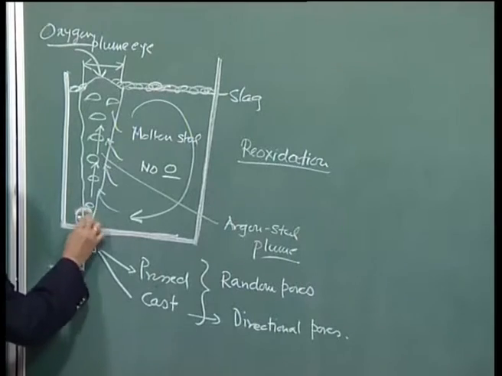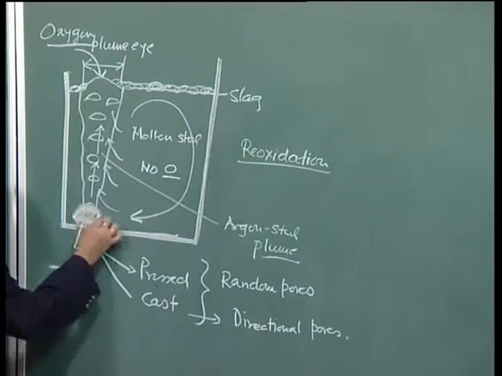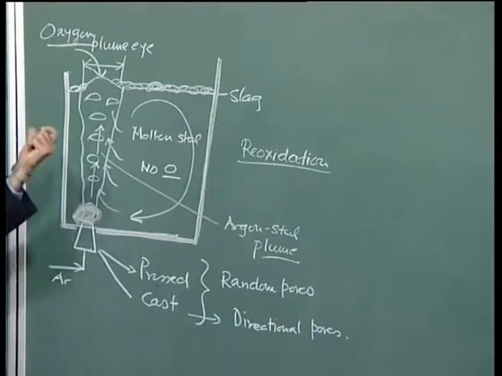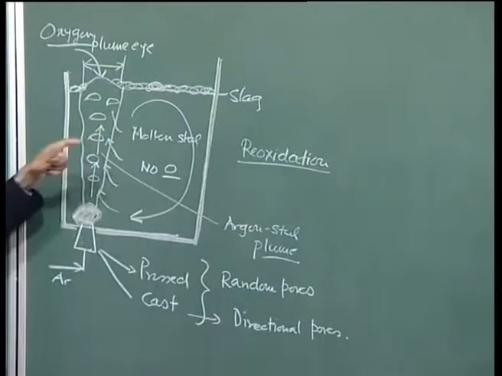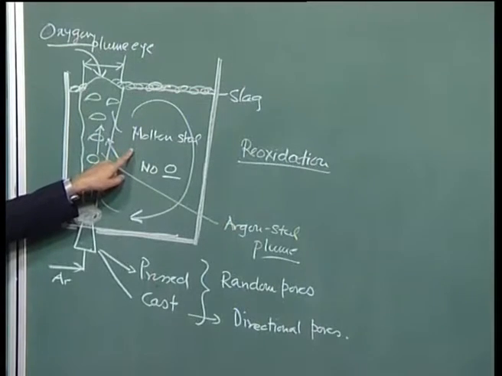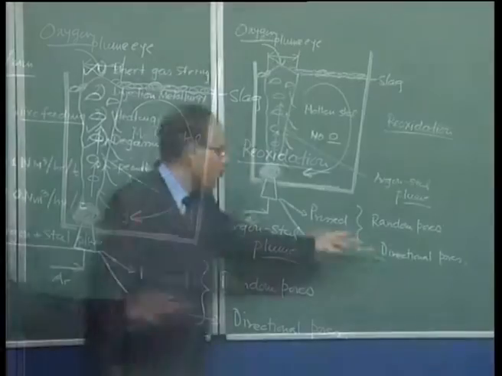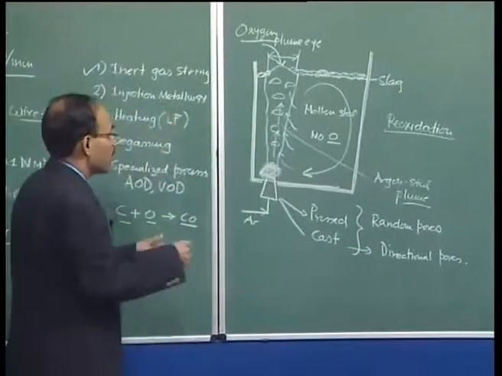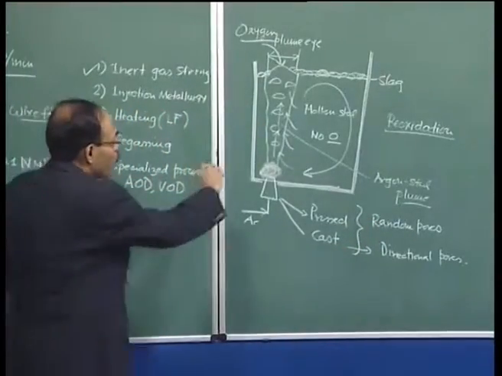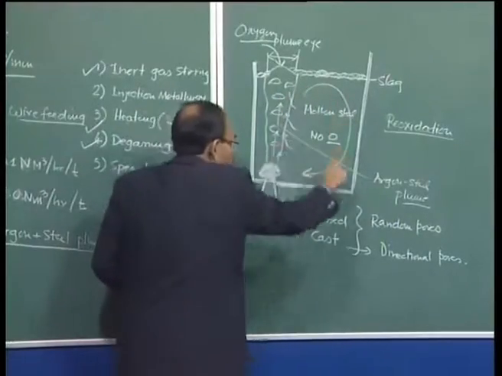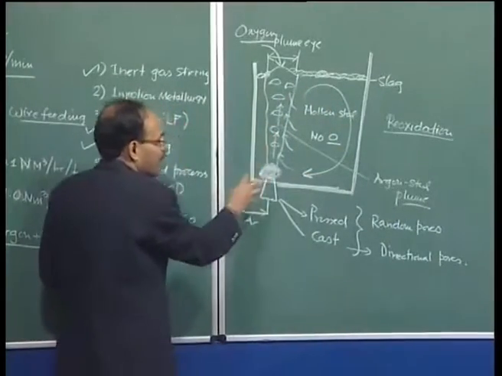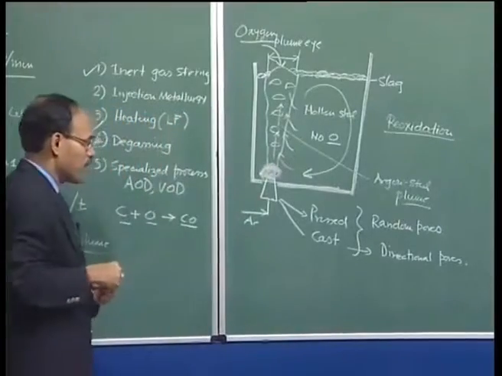Typically, a big gas envelope forms here, and this gas shatters into a number of bubbles, and these bubbles rise. Their size is dictated by the thermophysical properties of the melt, rather than by the details of the pores, and whether they are directional or random. So this has virtually no role to play, and the intensity of flow produced here depends on the flow rate rather than the characteristics of gas injection.